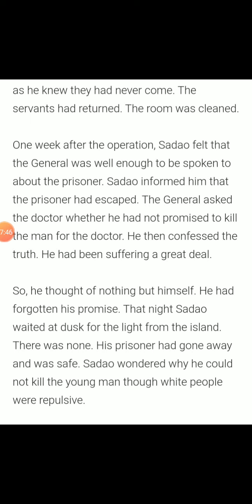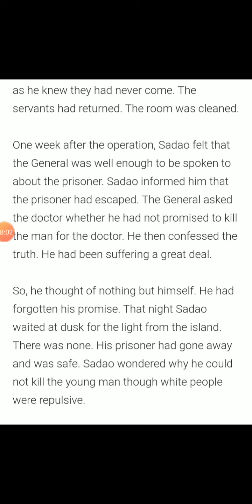That night Sadao waited at dusk for the light from the island. There was none. His prisoner had gone away and was safe. Sadao wondered why he could not kill the young man, though white people were repulsive.